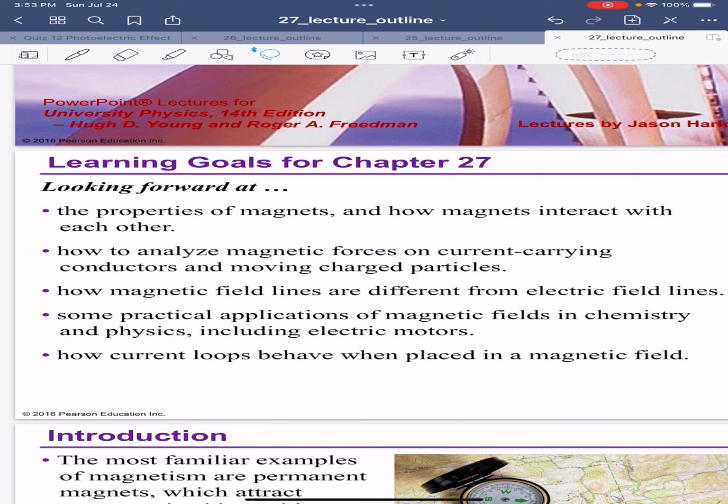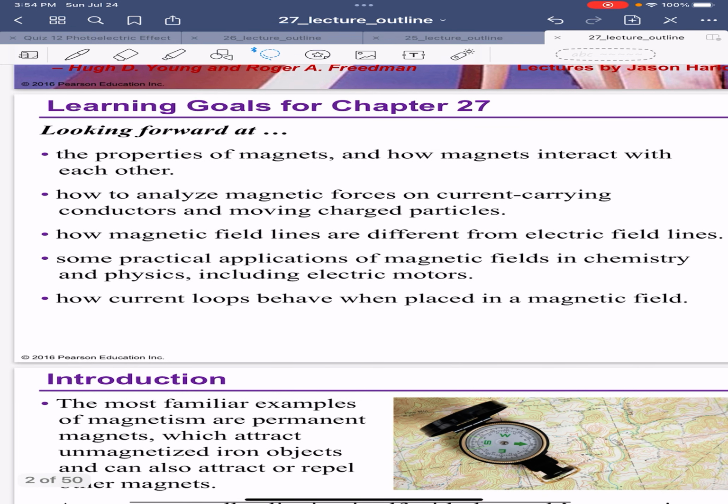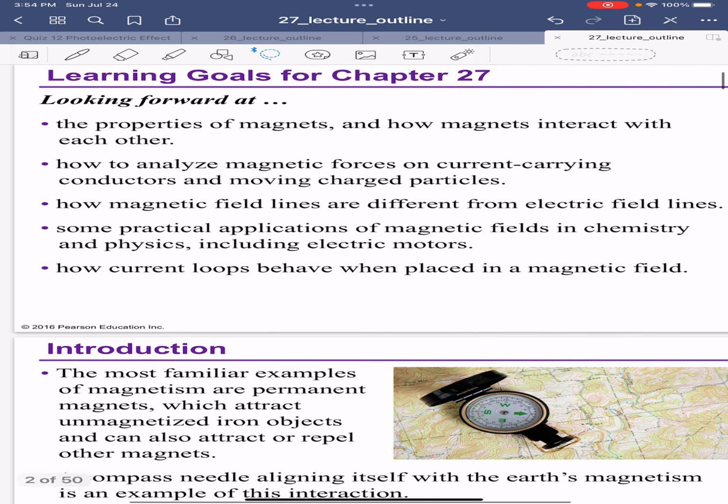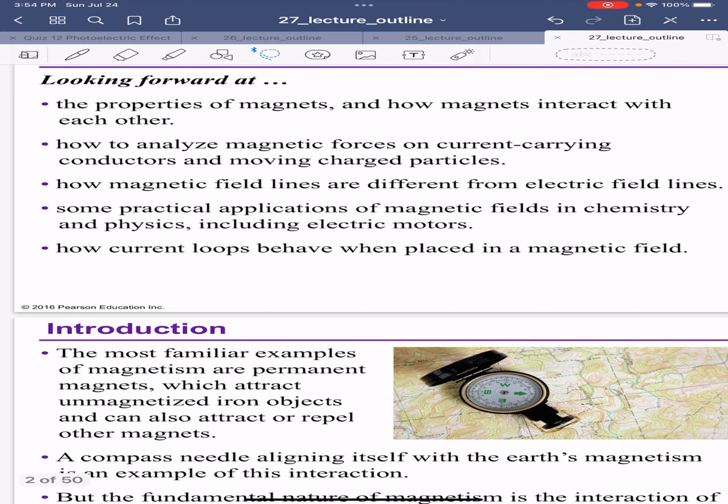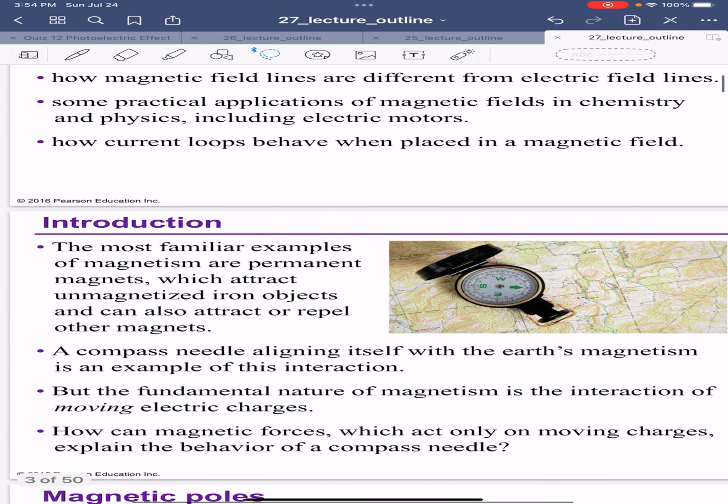Then we will talk about these two things, which are super important: how magnetic field lines are different from electric field lines, what is really the difference between electricity and magnetism, and some practical applications of magnetic fields in chemistry and physics, including electric motors. And also we are going to talk about current loops when they are placed in magnetic fields.